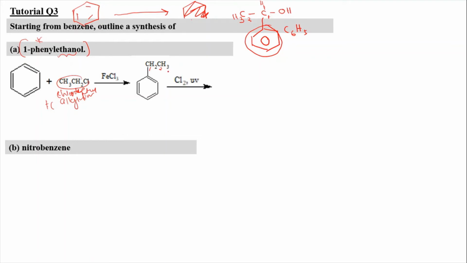Now I will undergo halogenation at the alkyl site here, not at the benzene, but at the alkyl chain here, in the presence of UV. Okay, so it will undergo free radical substitution where one of the hydrogens at this carbon, if I expand the structure here, one of the hydrogens here is going to be replaced with chlorine.